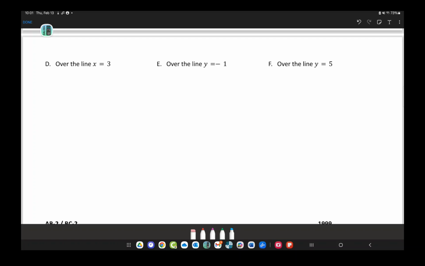So bring this over, we end up with 1 over 3 y cubed equals 1 over cosine pi x dx. Right? So this is 1/3 y cubed dy.